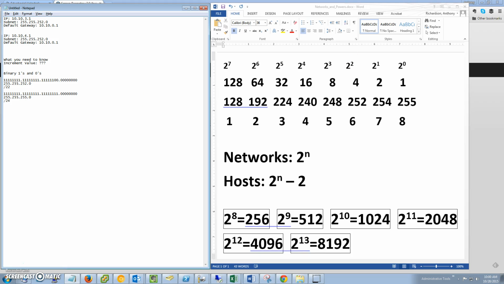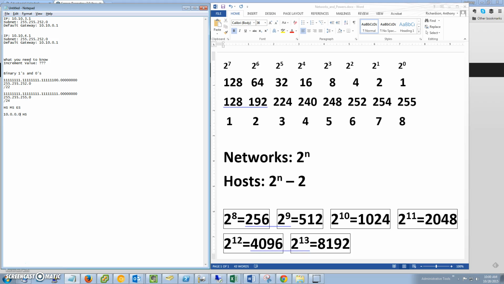So for instance, if you have an address space of 10.0.0.0 and you want to subnet this out to make address spaces for, let's say, your high school, your middle school, and also your elementary school, you're going to subnet this particular address block out, which is a Class A address.